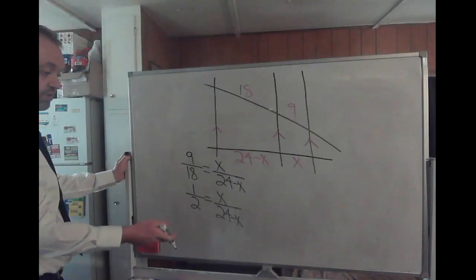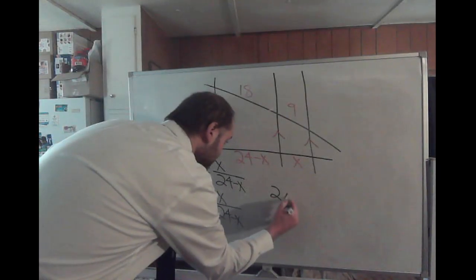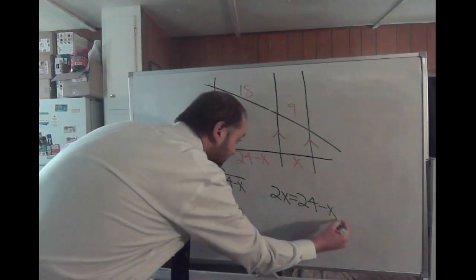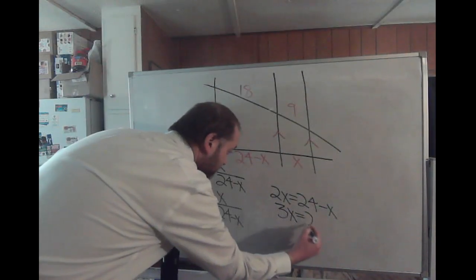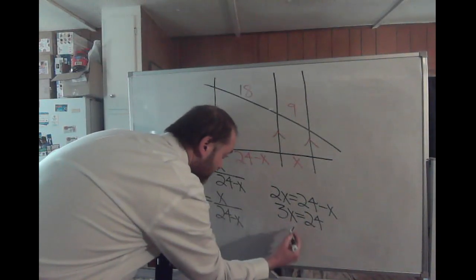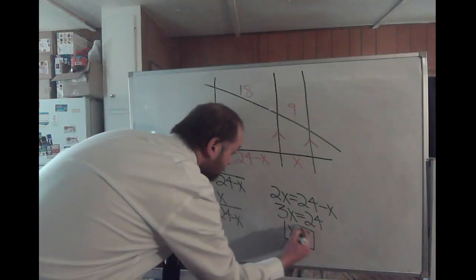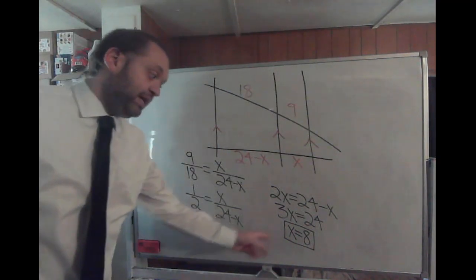Which now we'll take the cross product. You would end up getting 2x equals 24 minus x, which would become 3x equals 24, which would then just give you that x equals 8. So the value for x in this case would just be 8.